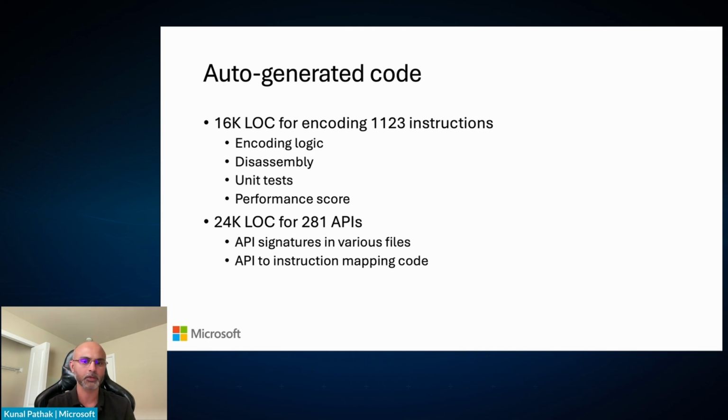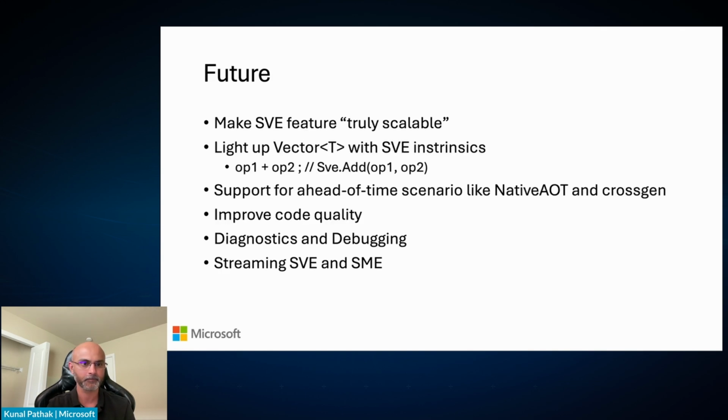For encoding instructions, we generated around 16,000 lines of code, which the developer just copy pasted, made minor changes, and the encoding was done. Similarly for APIs, there were 24,000 lines of code that we auto generated, and while implementing we copy pasted it, tested it and got it going. That was one of the key contributors to our fast development in .NET 9.